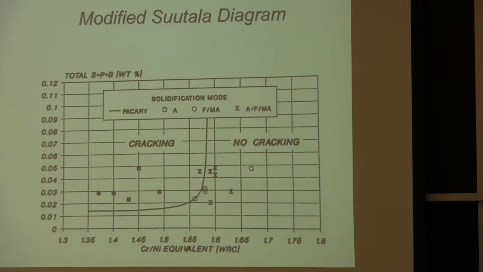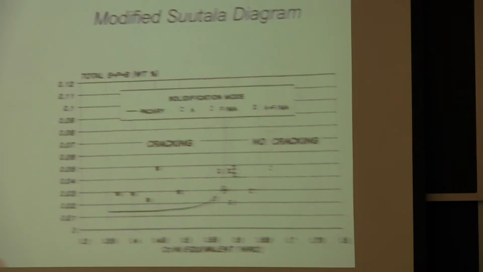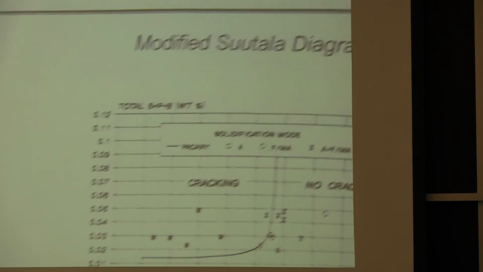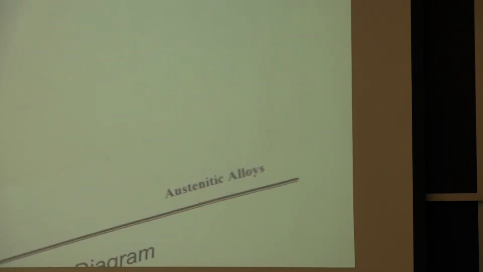And so in the welding of stainless steels, people have developed a lot of these types of diagrams to help you depending on what you're trying to do. So the main thing here to remember is that if you're welding with a high energy density process, you're going to need to be more worried about cracking than you were otherwise.